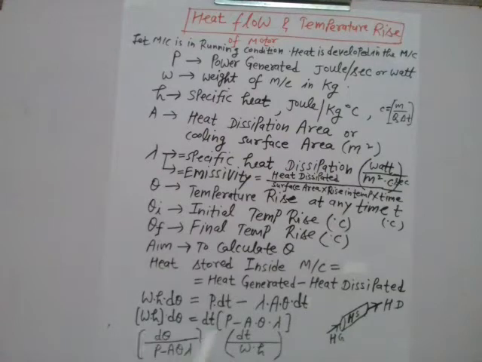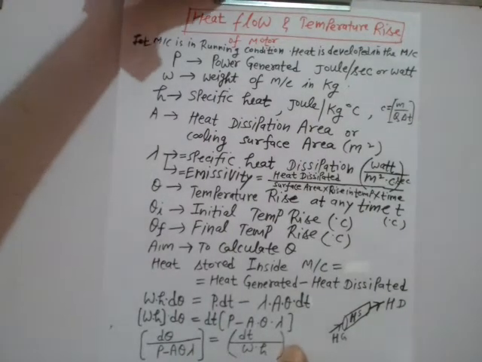Now rearrange the equation W H into d theta, take dt common. So dt into P minus A theta lambda, so d theta by P minus A theta lambda is equal to dt by W into H. Simply manipulate this equation. You understand now?